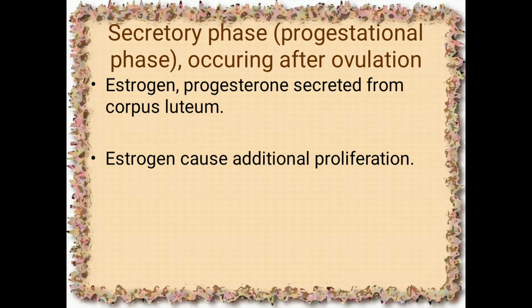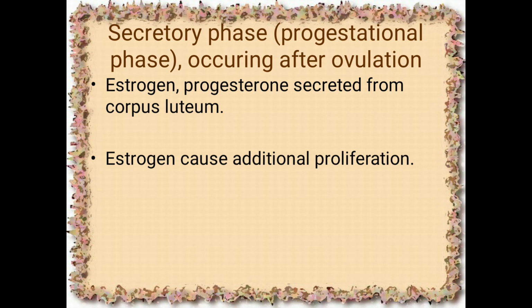So what is this corpus luteum? After the ovarian follicle ruptures and releases the ovum, the ruptured follicle is filled with blood. That stage is called corpus hemorrhagicum. But gradually this blood is replaced by luteal cells, and at this stage it is called the corpus luteum.